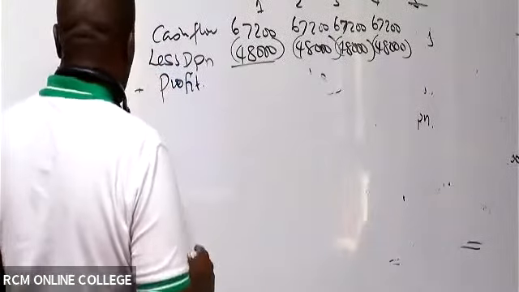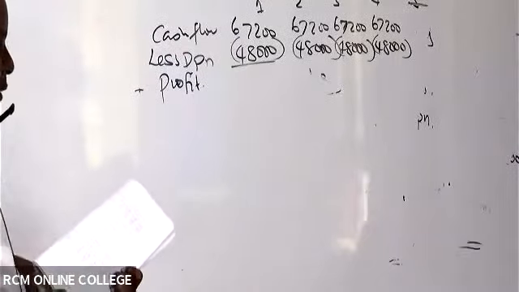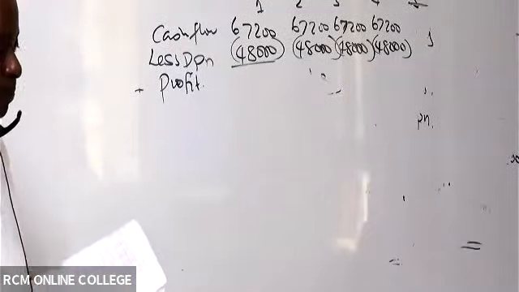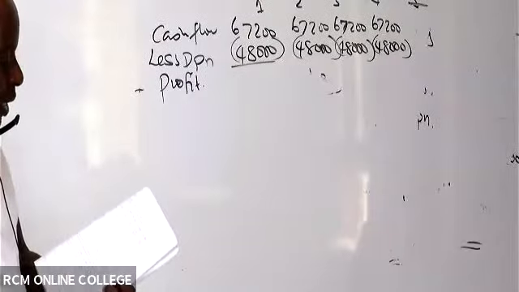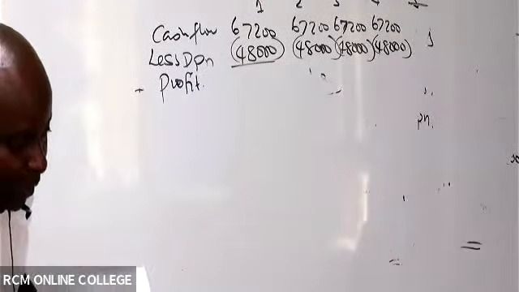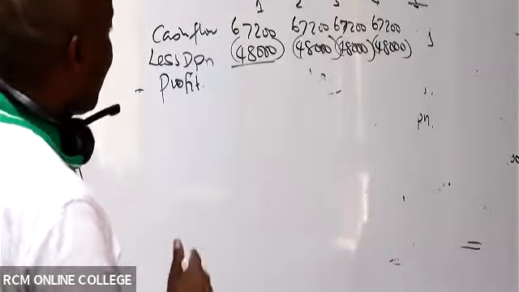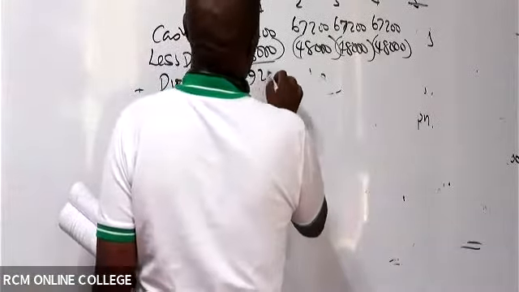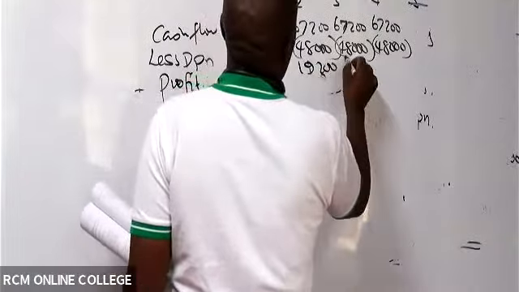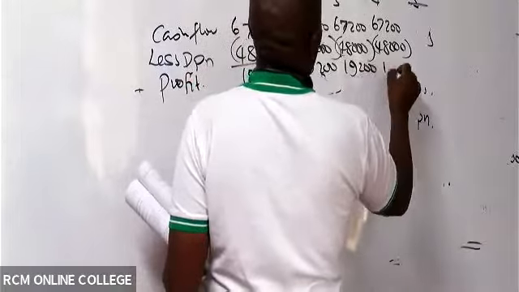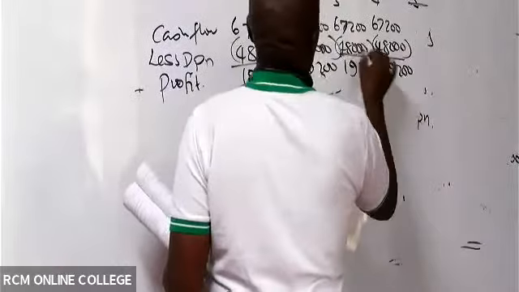So this profit, how much do we have here? For the first one, I'm being given a figure of what here, somebody? 19,200, yes. So I have 19,200, 19,200, 19,200, 19,200, giving us what total?